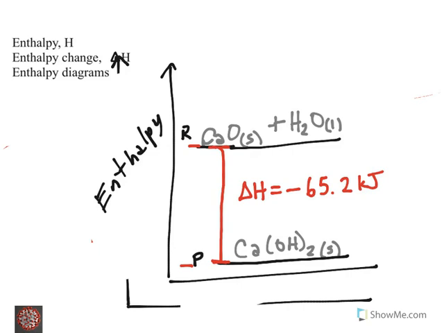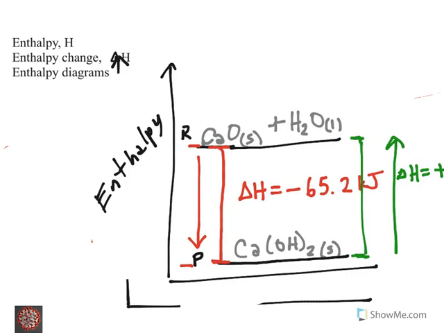Now, if it were the reverse, right? In this case, we're going from CaO plus H2O to Ca(OH)2. If we were to go the other way, if we were to go from Ca(OH)2 to CaO plus H2O, well, in that case, our delta H would be positive because we have to gain energy to go from Ca(OH)2 all the way to CaO plus H2O.